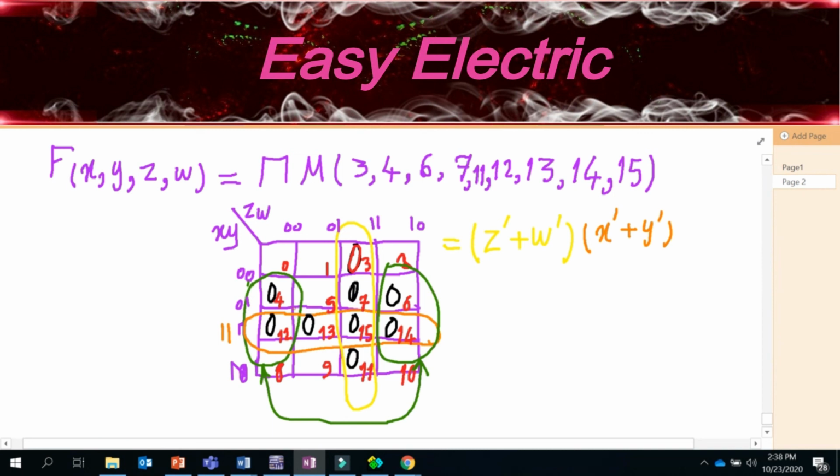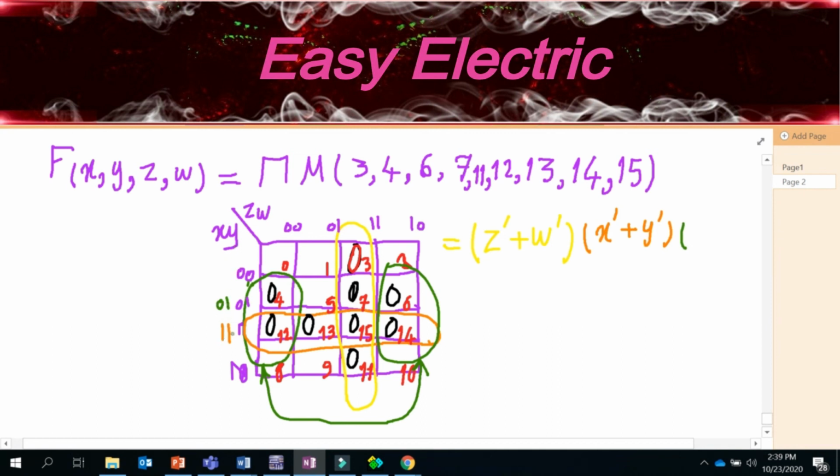And finally, we have this group, 4 and 12, 6 and 14, inside the green circles. Let's write the corresponding term for that group. Again, take a look at XY. It's not obvious here. This is 0, 1. Just move along X and Y. Here X is 0, here is 1, so it should be gone.